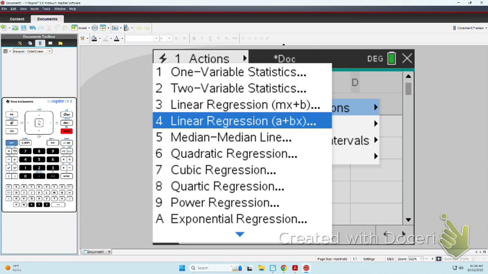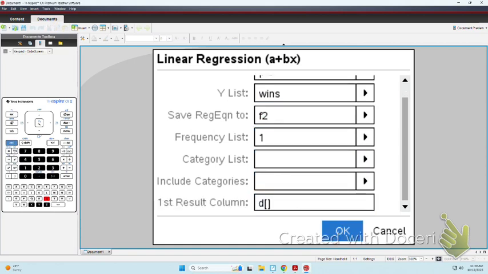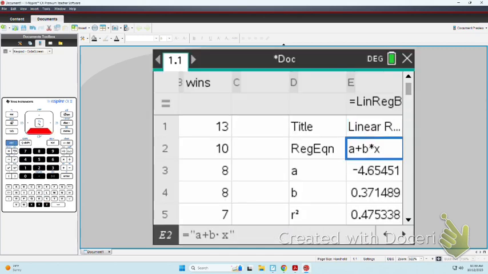It says A plus BX. In stats, they like to use the letter B for slope. It's kind of weird because in algebra you use that as y-intercept, but in stats, B is the slope. So you pick that, you type in your names of your lists, and press tab all the way down to the bottom, hit OK, and it gives you some data.